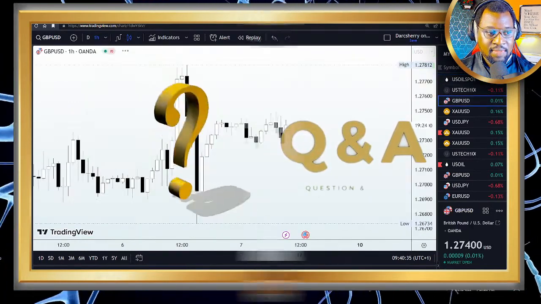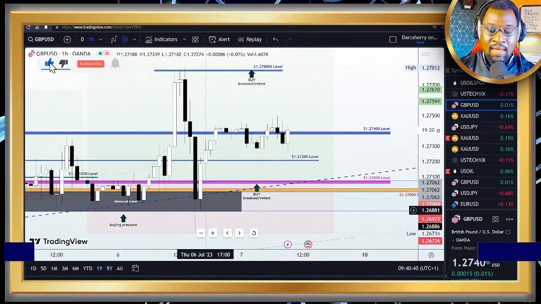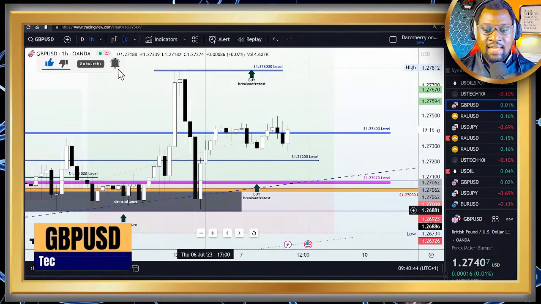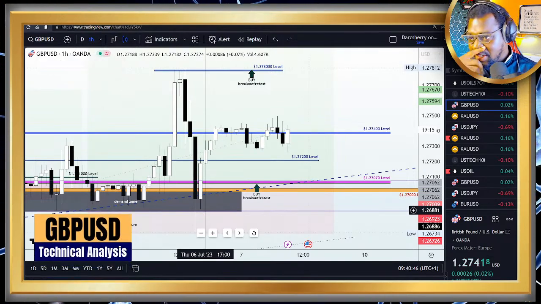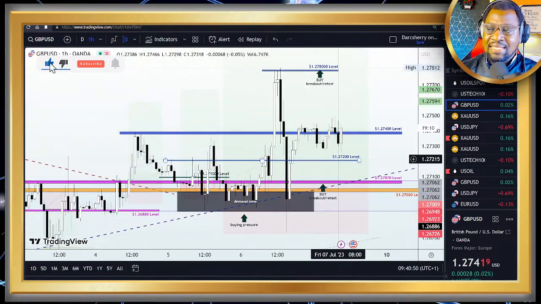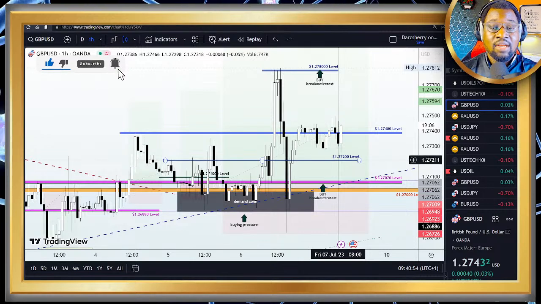So the next instrument on our watch list is the GBPUSD, and in fact on the GBPUSD it has been very choppy in the last 24 to 48 hours now, though we have been buying this instrument since the beginning of the week.